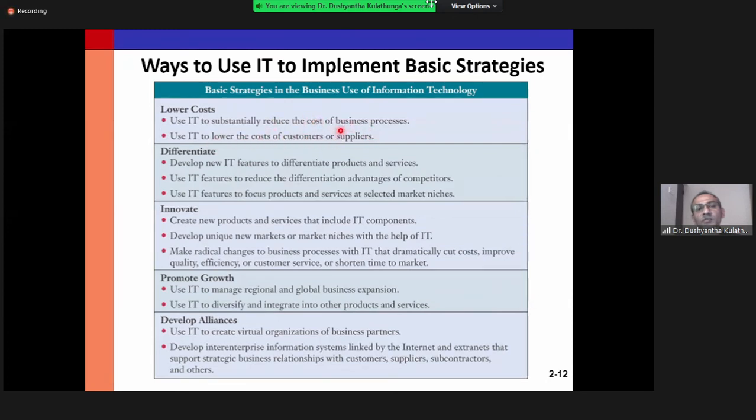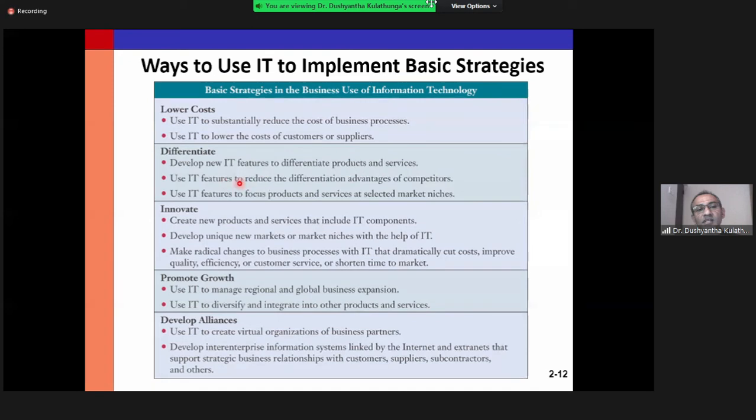So we talked about these things in general, and we are in a position to use information technology to support what we have highlighted there, to reduce cost of operations or cost of customers or suppliers. Likewise, develop new IT features to differentiate products and services.